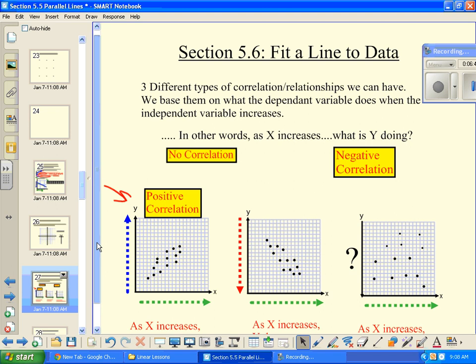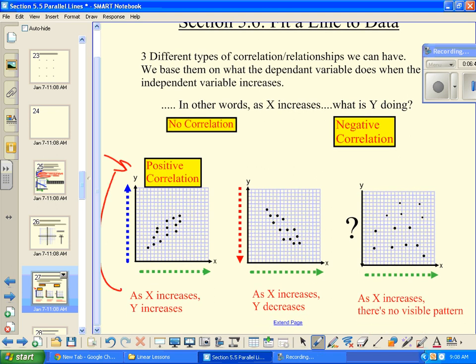What happens when there's a positive correlation, as I've got written down here, is that as your x values increase, whatever those are, the y values also are going to increase. So like I wrote on that previous one, I showed the arrows, but here, this is the positive correlation. Let's say this is time, as time goes on, okay, let's say this is your bank account. You're saving more money, you're making more money. As one thing goes up, the other thing goes up.